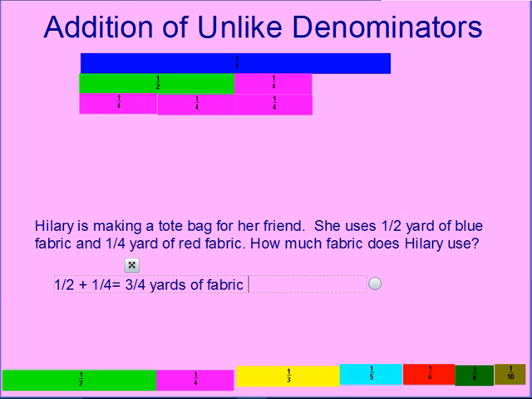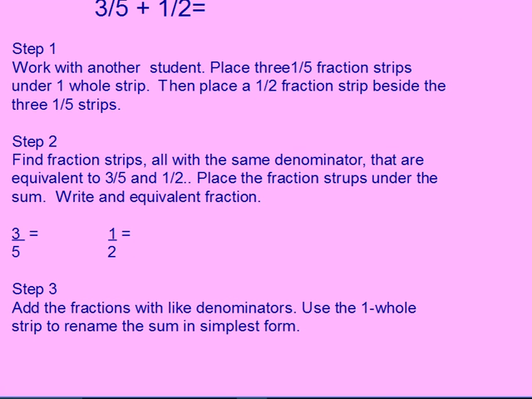All right, now let's move on. And if I was going to do 3/5 plus 1/2, clear your board except for your 1 whole. Let's do the steps. Step 1, work with another student. Place 3 1/5 fraction strips under the 1 whole strip.